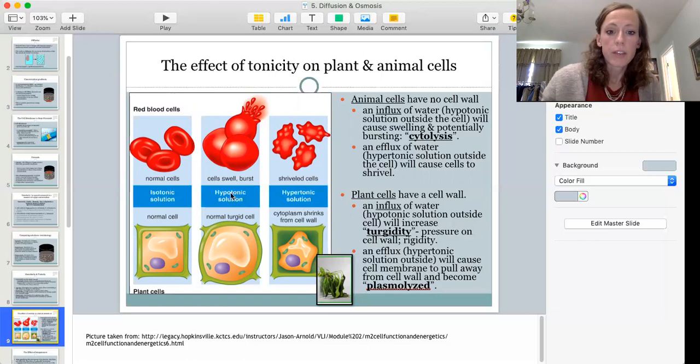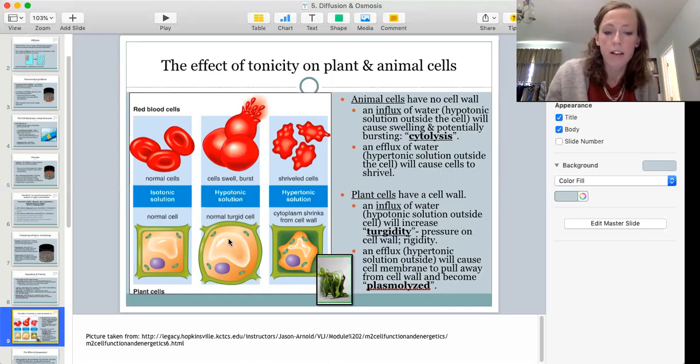Now, if you look at the hypotonic solution, then the cells are in a hypotonic solution. So outside of the cell, in the extracellular environment, there are fewer particles. And so water will be moving into the cell. And in an animal cell, again, that causes swelling, potentially bursting, which we call cytolysis.